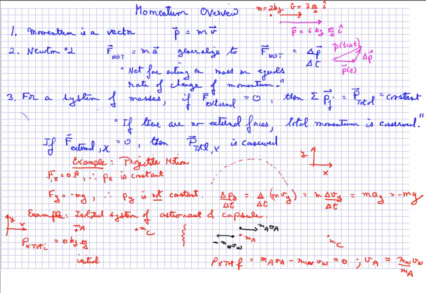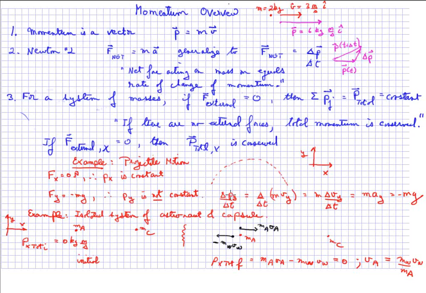And if we ignore air resistance, the force in the x direction is 0 newtons, and that means that P of x is constant. P of x is constant, of course, because V of x is constant, and P of x is just m times V of x. On the other hand, F of y, the force in the y direction, is minus mg, which is not 0, and that means that Py is not constant.